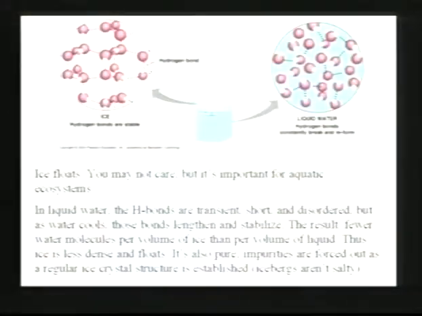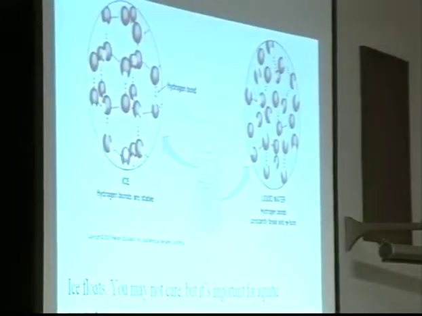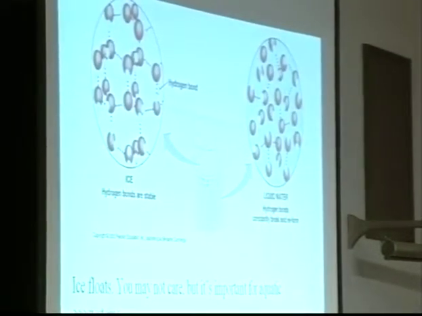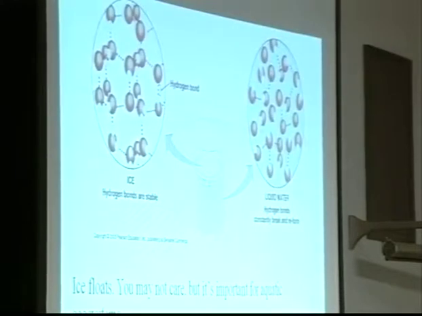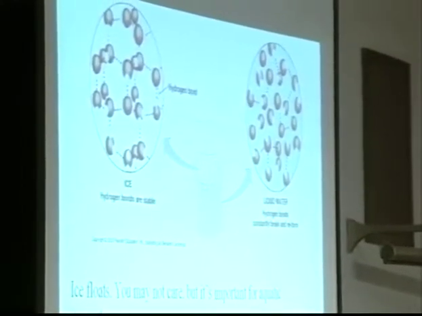Now, the reason for this is that in liquid water, the hydrogen bonds are constantly breaking and reforming all the time. Those molecules are very close together. They're bumping into each other, they're forming those hydrogen bonds, they're breaking away constantly.